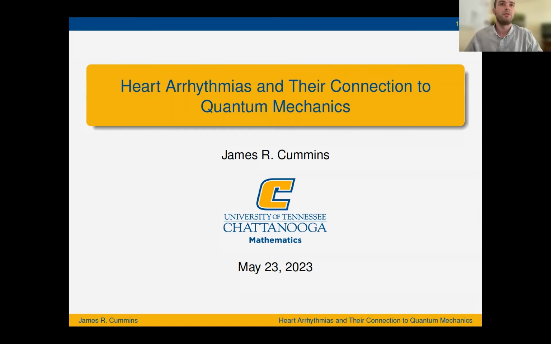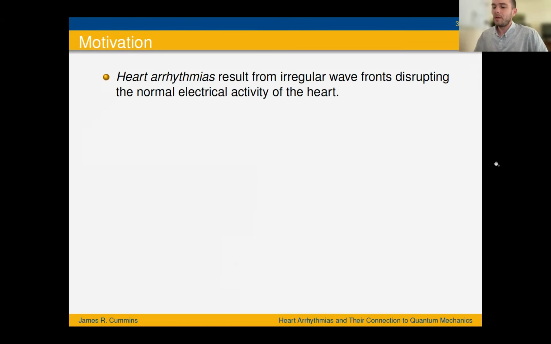Again, my name's James Cummins, and the title of my presentation I'll be giving today is Heart Arrhythmias and Their Connection to Quantum Mechanics. So the project that I work on revolves centrally around the idea of heart arrhythmias. They are basically an irregular wavefront that travels throughout the heart, and that causes the heart to contract in an irregular way.